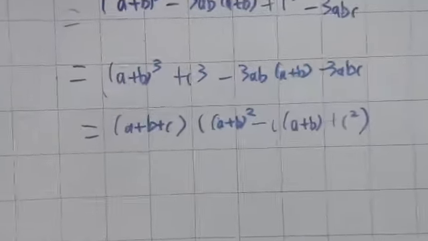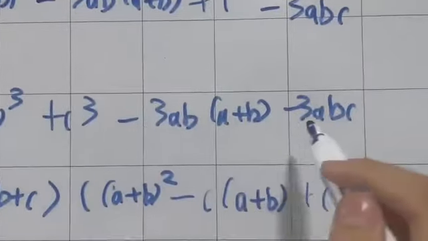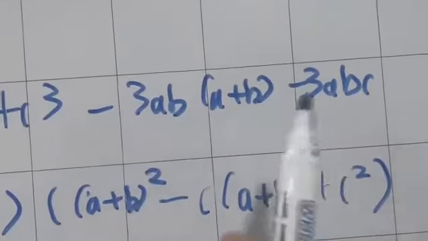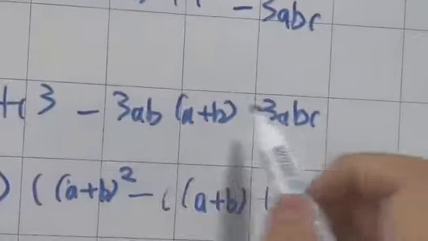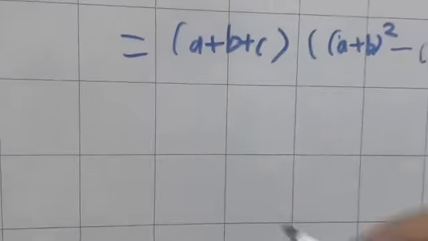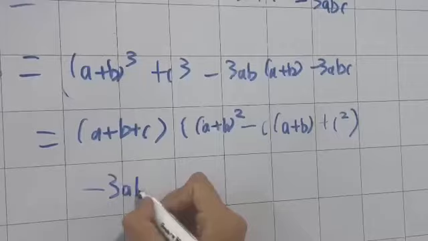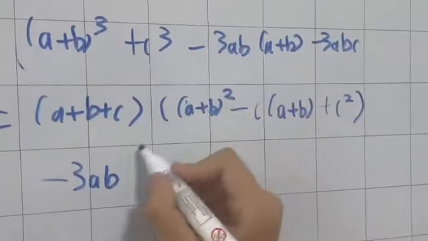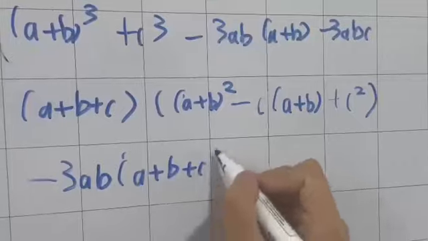Now I'm going to write it onto another line. So now we see this pair here. It's pretty obvious that we have 3ab appearing on both sides, so we're going to factorize that out. Also we have a minus here too, so we factorize that. So it's minus 3ab, and then what we have left is (a plus b plus c).